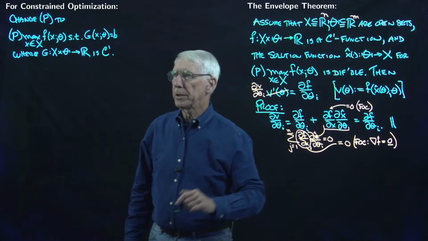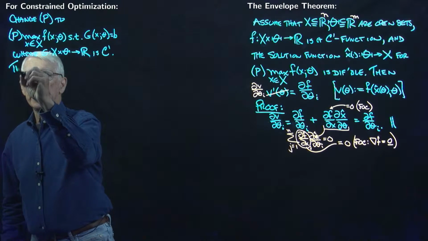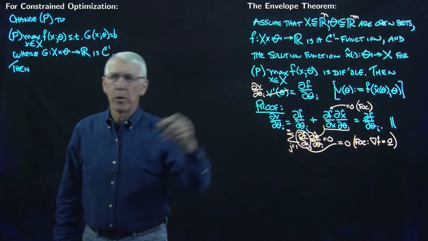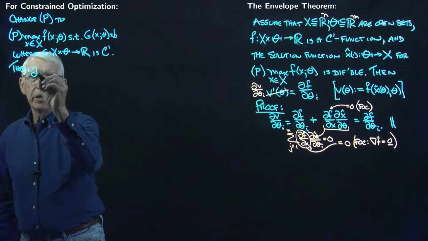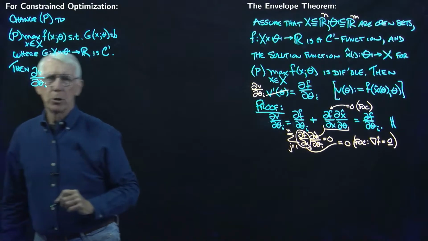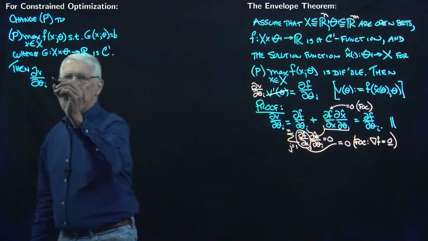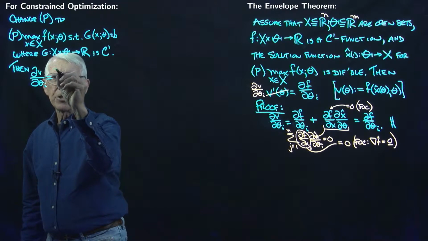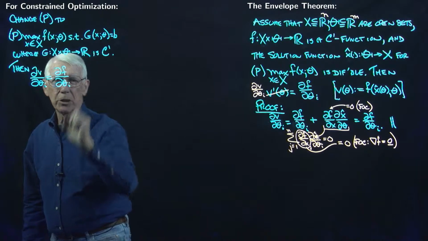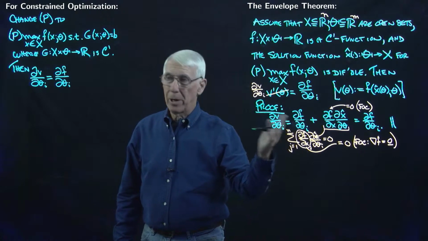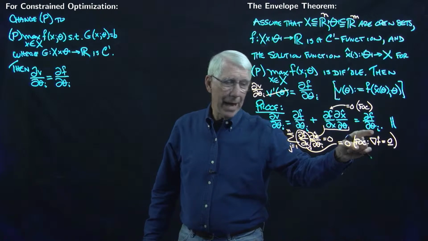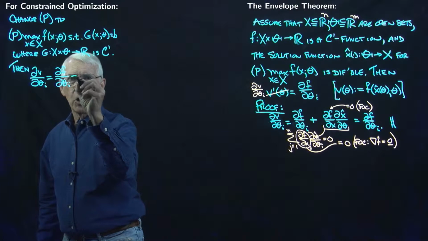And so now we look at the conclusion. So let's put the conclusion in here. And the conclusion is again going to be something about the derivative of the objective function with respect to a parameter value. And that's going to be, as it turns out, the derivative of the objective function with respect to the parameter. No surprise there. But now, instead of getting just that derivative, we also have something involving the constraint.